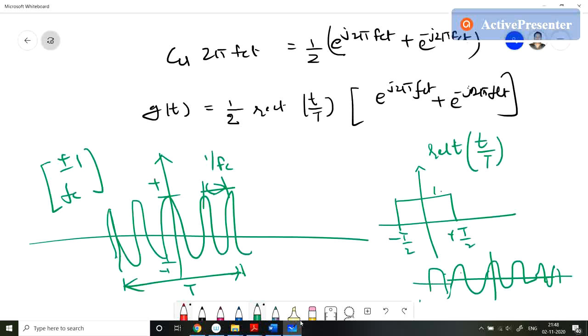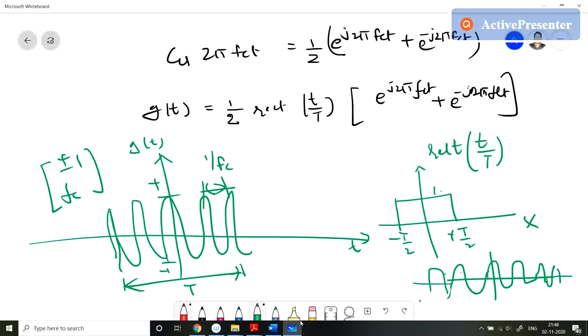This is simply a windowing technique. If this rectangular window is multiplied with this cosine wave, then we get this type of pulses. So we have written it in this way.